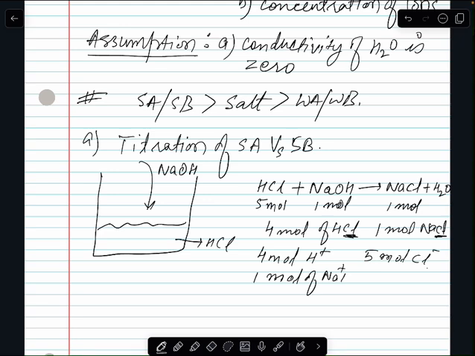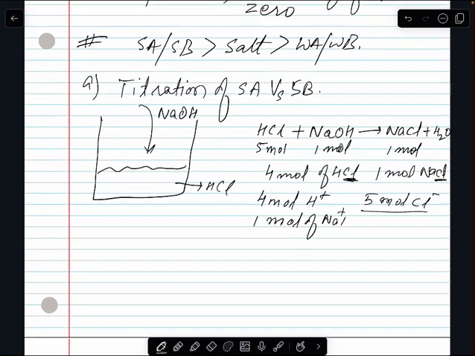So there will be no change in concentration of Cl minus ion. That means conductivity will not be affected because there is no change in case of Cl minus ion. But if I see over here, the H plus ion has decreased from 5 mole to 4 mole, and in place of 1 mole of H plus ion, 1 mole of Na plus ion came in the solution.